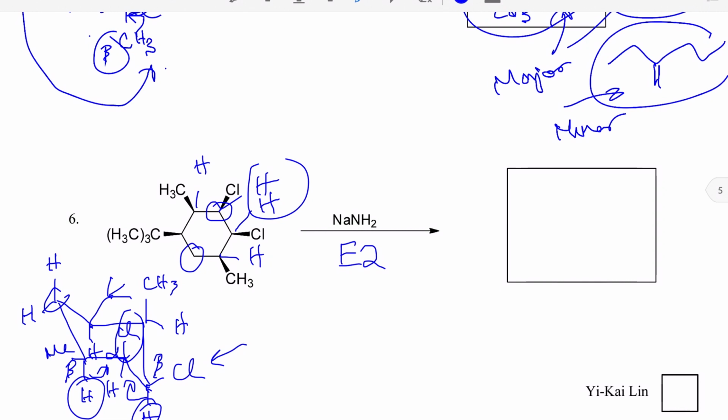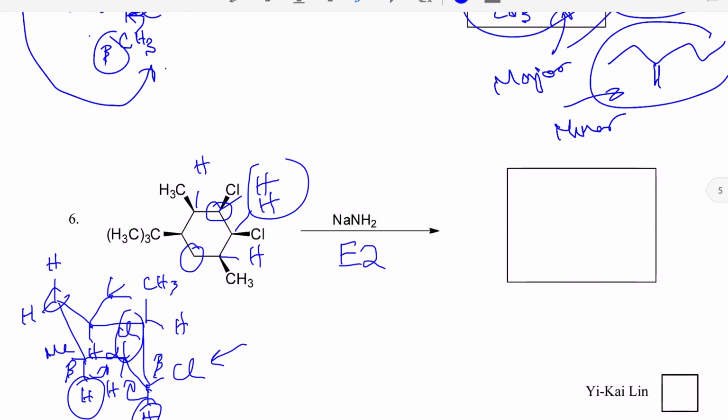Even though both these form stable tertiary alkenes, we have to think about the reaction from a microscopic level. So when we have this base, sodium amide, it wants to remove a proton with the least steric repulsion, right? It doesn't want big bulky groups coming in the way and trying to block it from deprotonating a given proton.